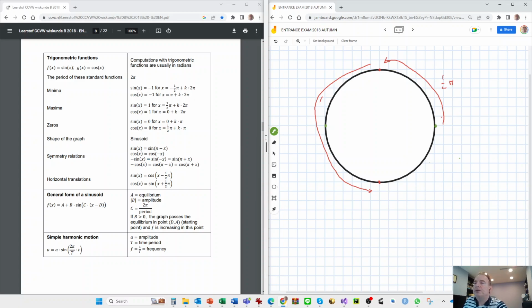So the shape is a sinusoid, and there are also these symmetry relations which you can all easily see from the unit circle, the best.